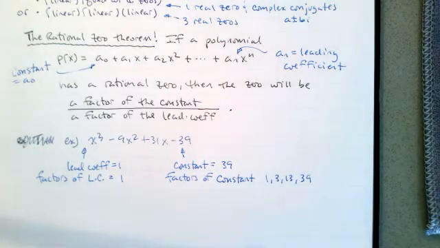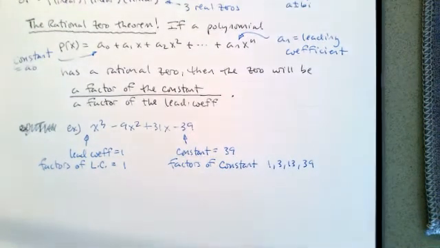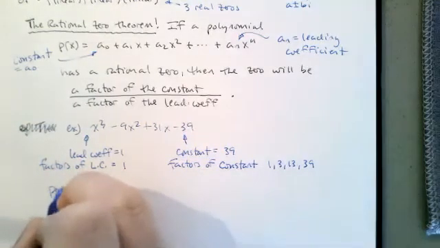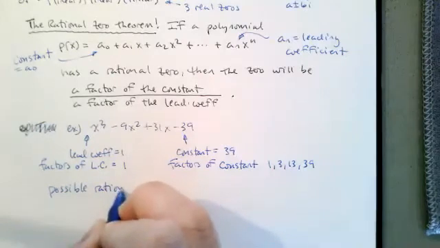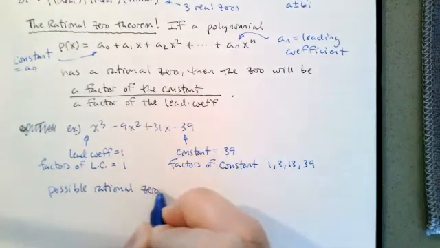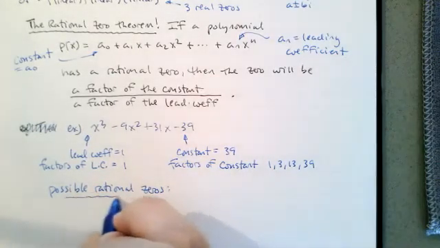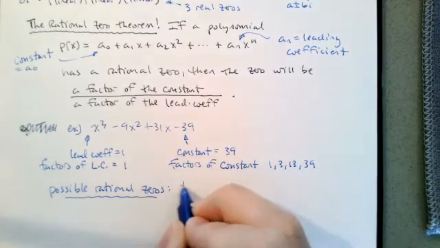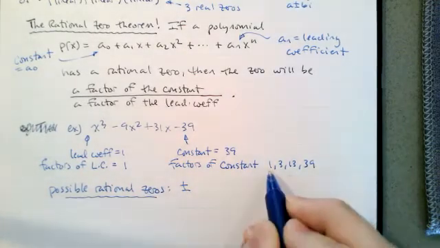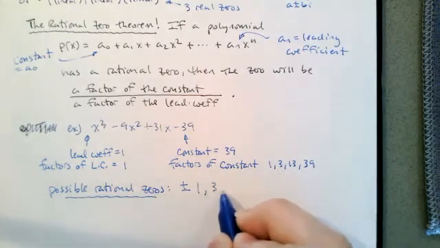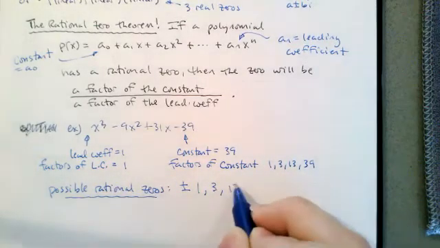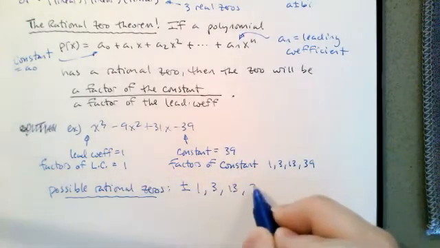So our entire list of possible rational zeros for this polynomial are plus and minus 1 over 1, 3 over 1, 13 over 1, 39 over 1.